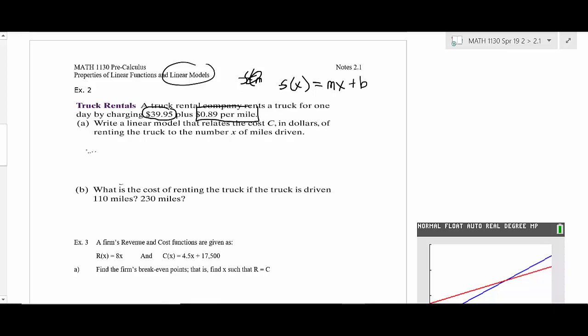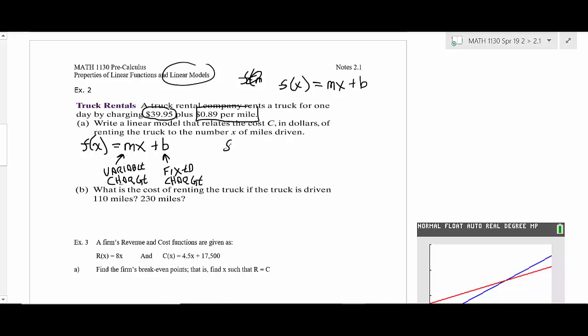So in this particular linear formula, you want to think of it this way. This would be like a variable charge, and this is like a fixed charge. So when you write your linear model, it's just a matter of putting those numbers in.